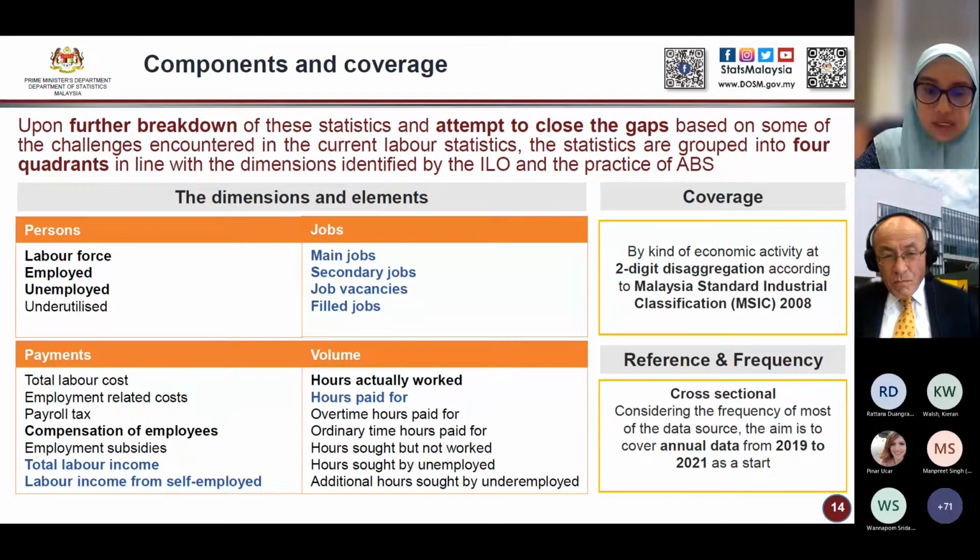Currently, we have already compiled 2019 and 2020 with all the gaps and are trying to model the equation and balance the data. And we are looking at cross-sectional data because these are more easily available compared to panel data. So this is basically what we are doing at this point. Now, if I may go to the final slides.